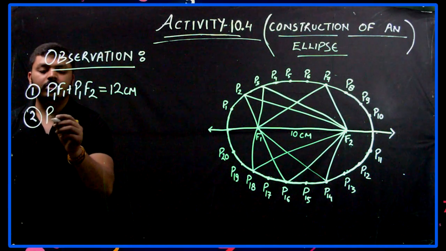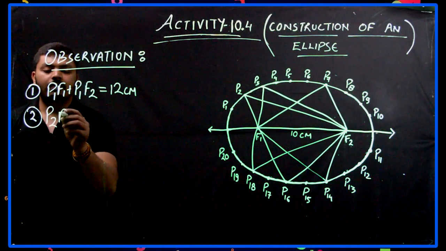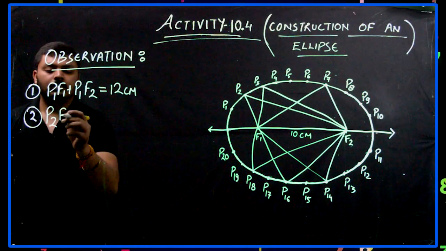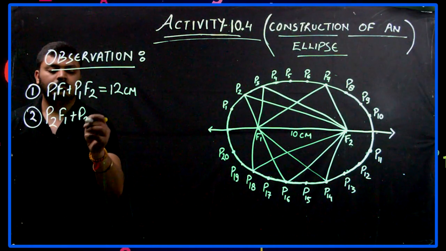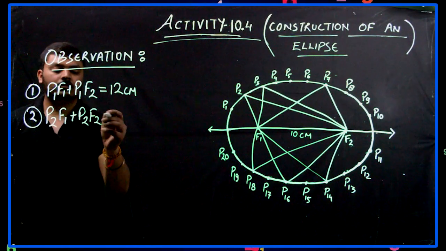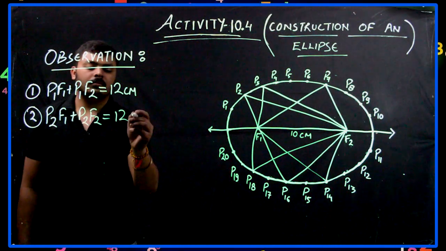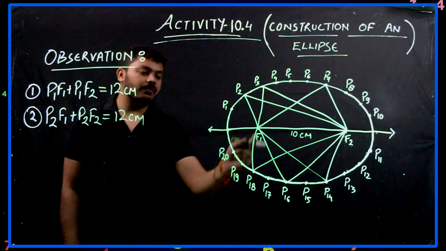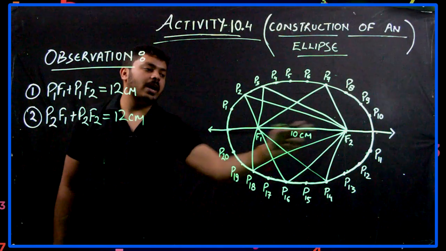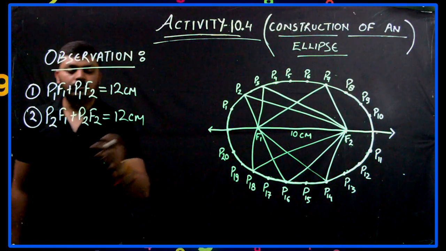Second, similarly at point P2, P2 F1 plus P2 F2 is equal to 12 centimeter.